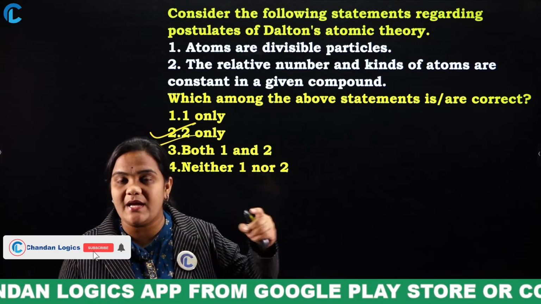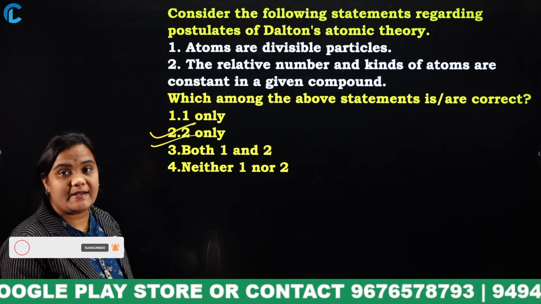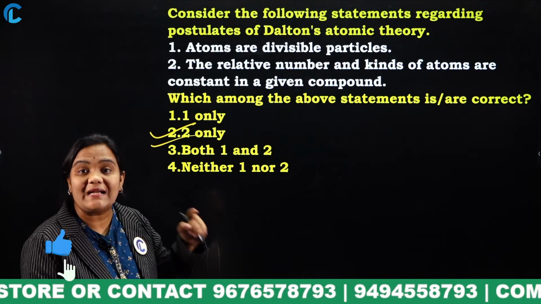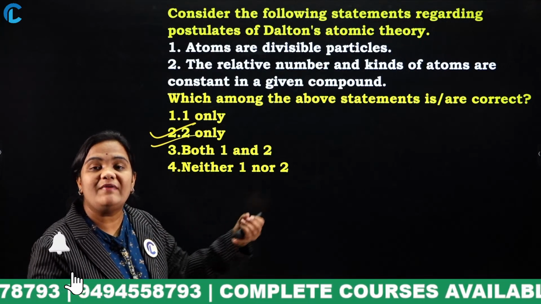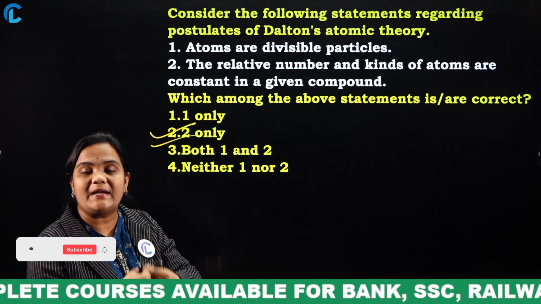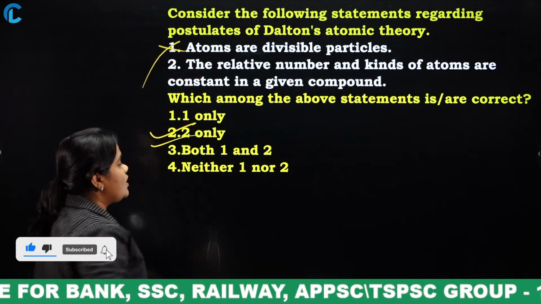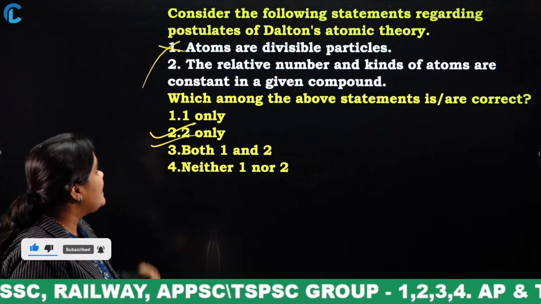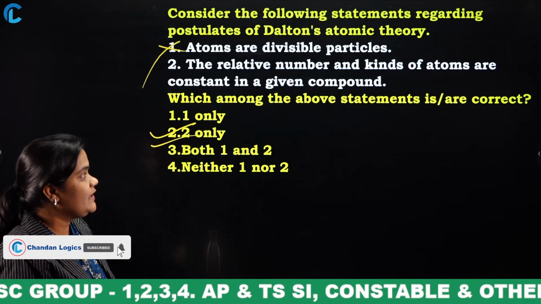Look at statement 1: atoms are divisible particles. As I told, atoms are indivisible particles. We cannot divide the atoms, but we can combine them; a combination of atoms can become a compound. So statement 1 is wrong. Statement 2 says the relative number and kinds of atoms are constant in a given compound.